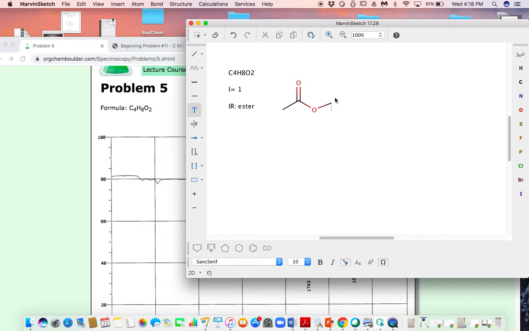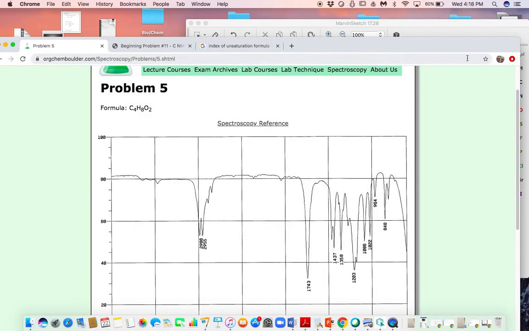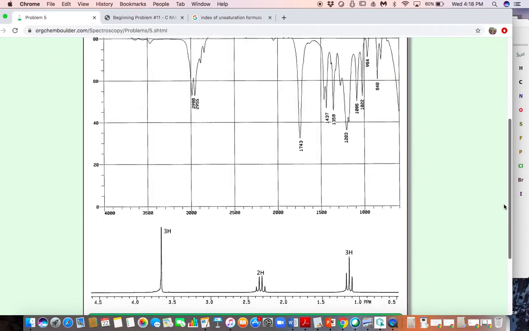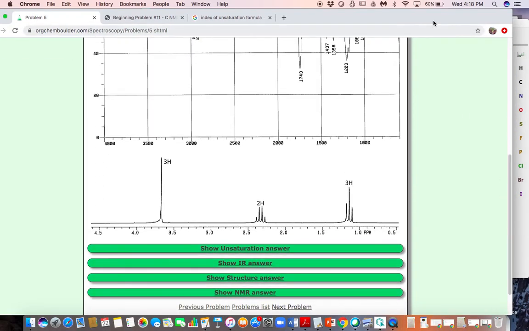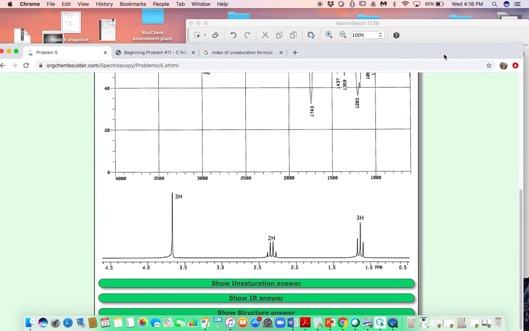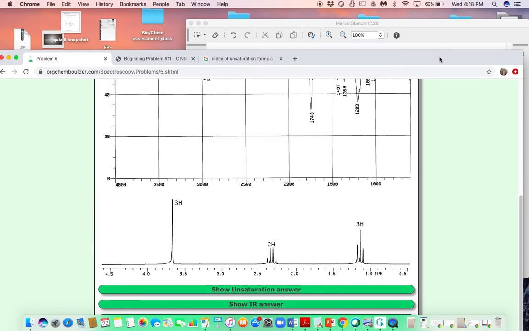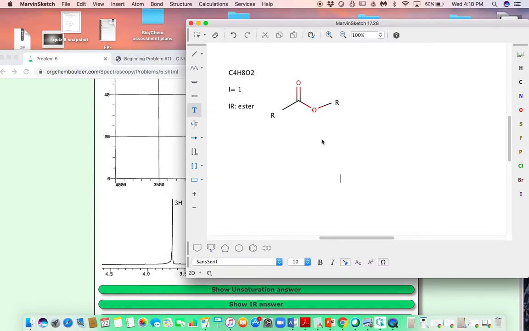Sorry. There we go. Okay, so I think we have this fragment in here. And that tells us a lot. That takes care of 2 of our carbons and both of our oxygens before we even get to our NMR. All right, again, going left to right, A, B, C, we have a ratio of 3 to 2 to 3.